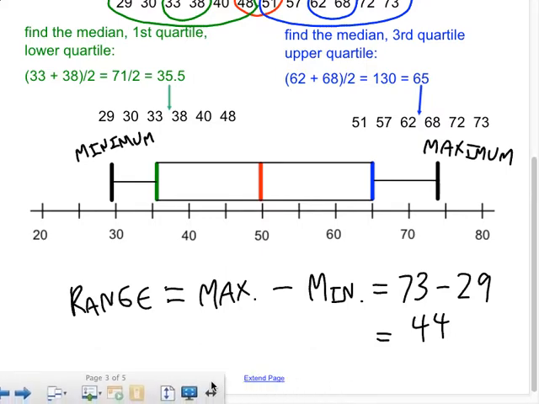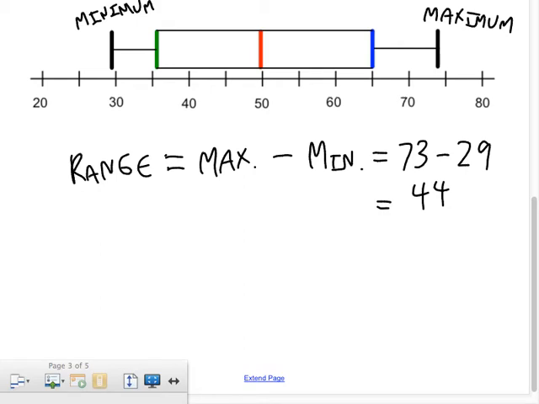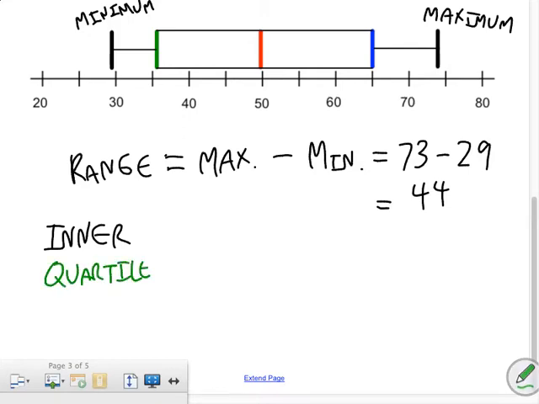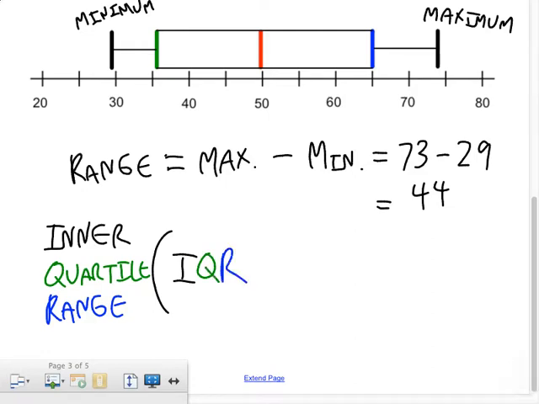And so the interquartile range, or we call that the IQR. And there's a reason why I use these colors. Do you guys want to know why I use these colors? Why did I use these colors?